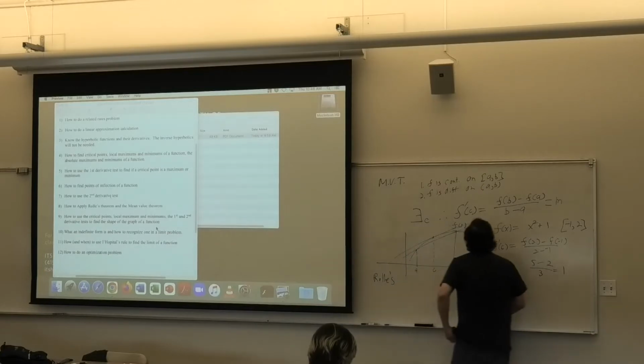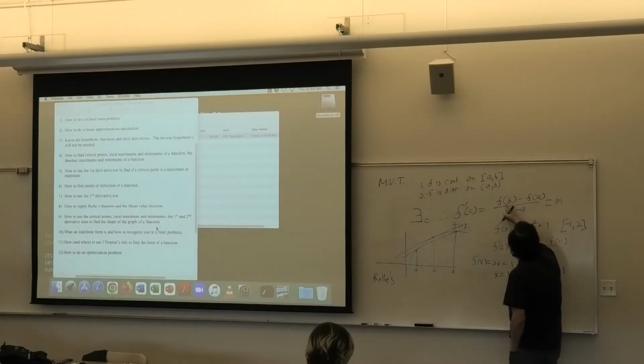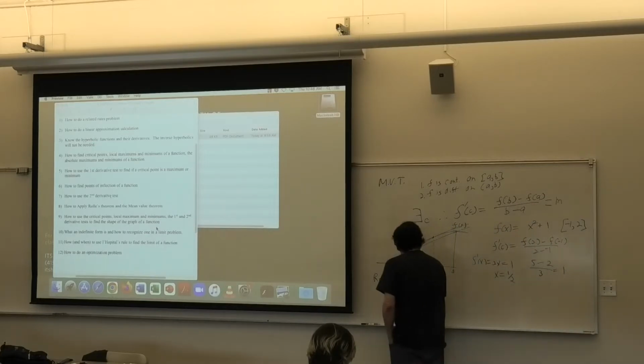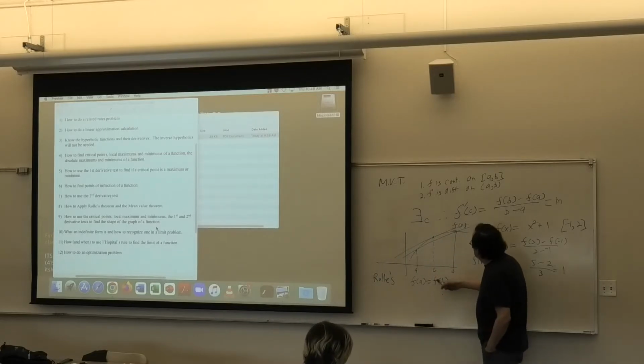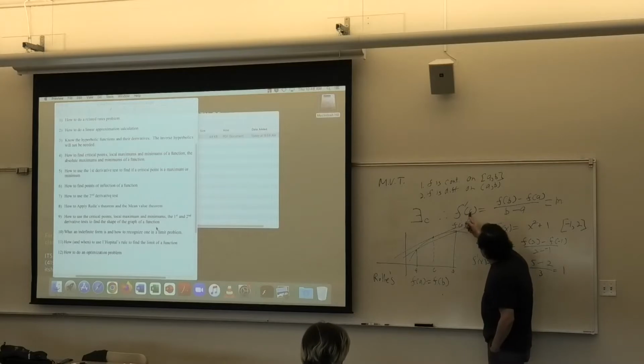The only thing that Rolle's theorem would add to this is that for Rolle's theorem we say f of a equals f of b. That's the condition for Rolle's theorem. And Rolle's theorem tells you that there's some c where the derivative is 0.